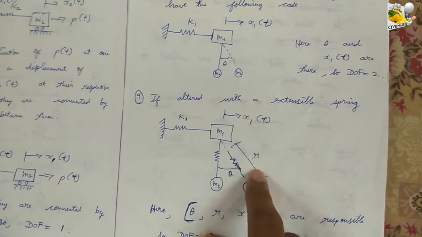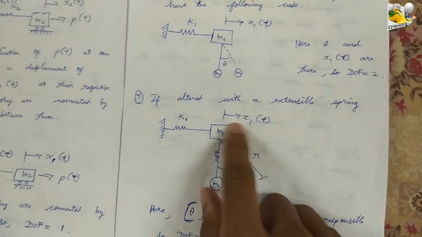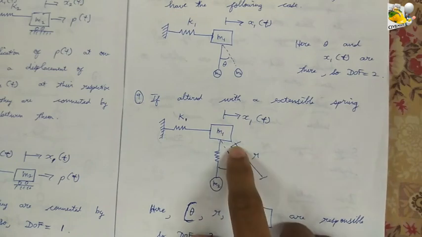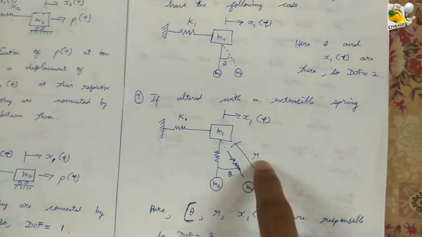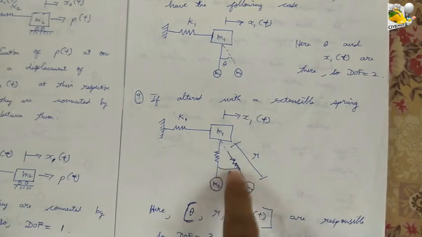It also has been introduced in defining the degree of freedom, hence x1 of t displacement and extension or compression of the spring, which is denoted by the length r, and angle of inclination theta are responsible for defining the degree of freedom.